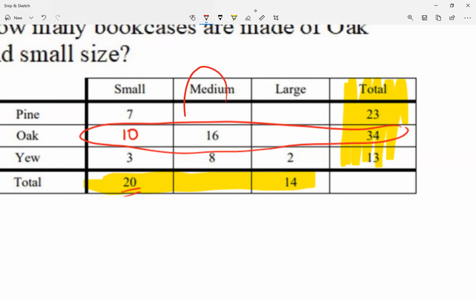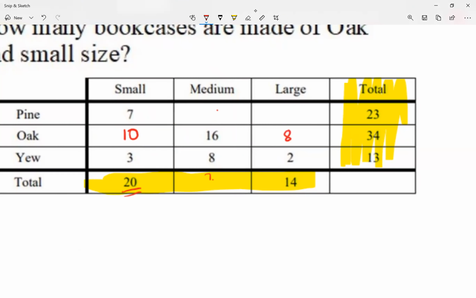Earlier I couldn't find anything about medium because I was missing 2 values. But in the whole oak row, I'm only missing one number. For large I'm gonna write an 8, because 10 plus 16 is 26, and I need 8 more to make 34.